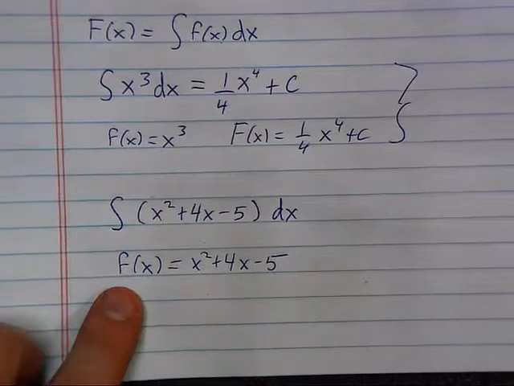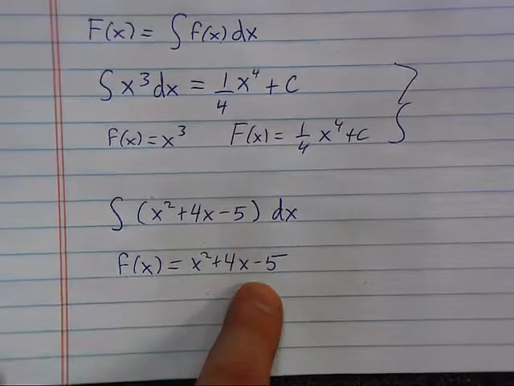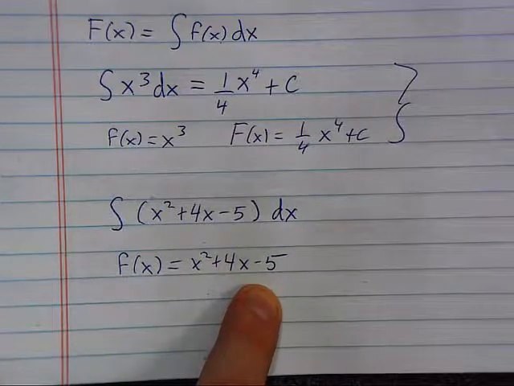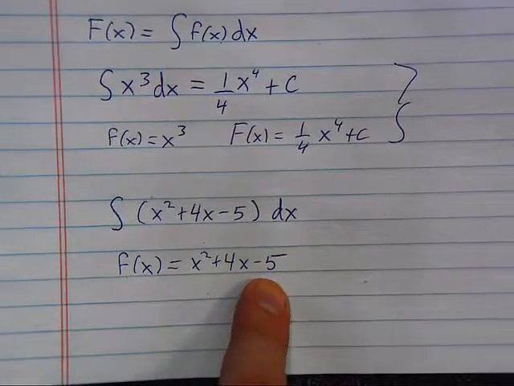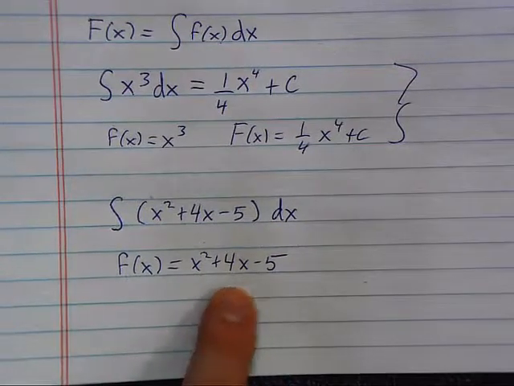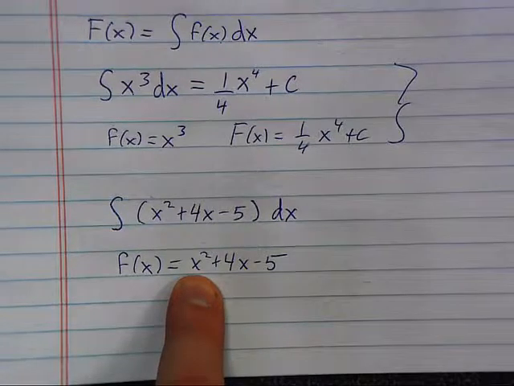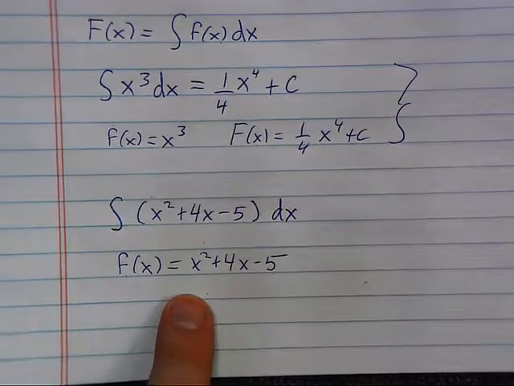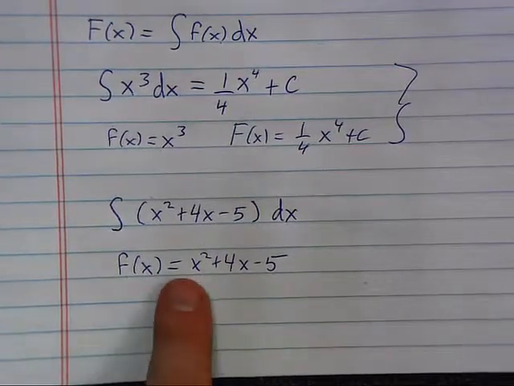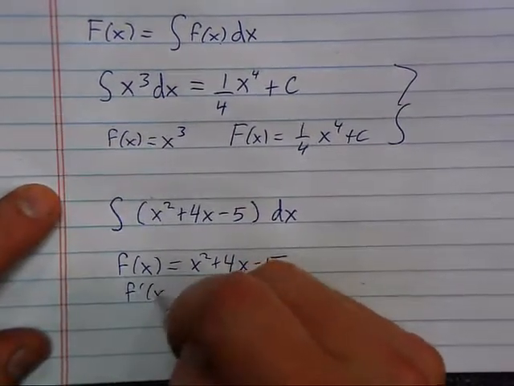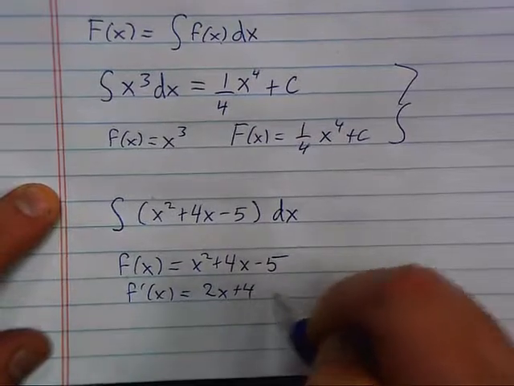What if I gave you f of x as x squared plus 4x minus 5 and I asked you to find the derivative? What would you do? The -5 would just be dropped. The derivative of negative 5 would be 0. The derivative of 4x would be 4, and the derivative of x squared would be 2x. So to find the derivative, as long as you're adding and subtracting, you just find the derivative of each piece individually. f prime of x would be 2x plus 4 minus 0.